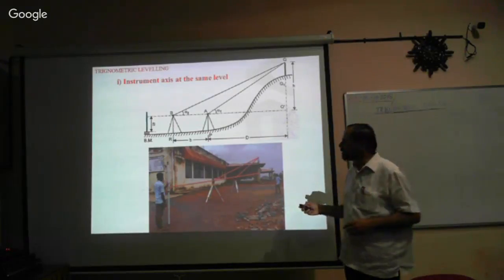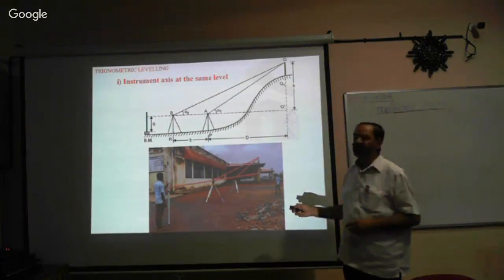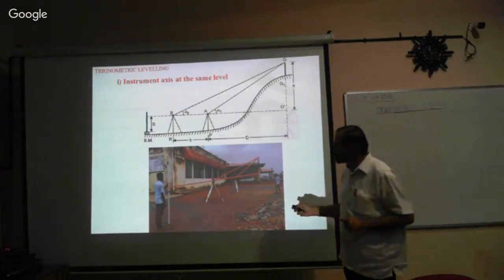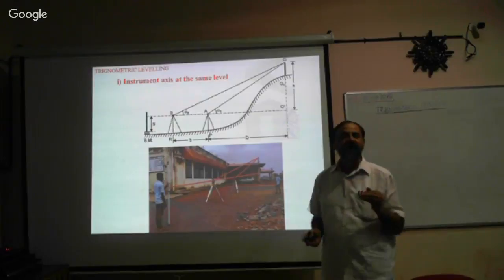In the first instrument station, we obtain a reading of 1.25 meter. When you shift the instrument to the next station, then what is the staff reading required?